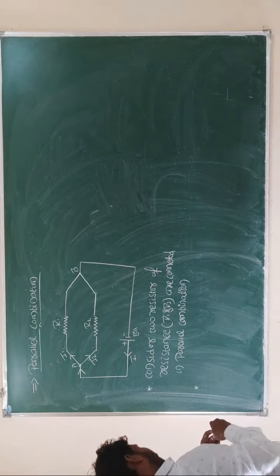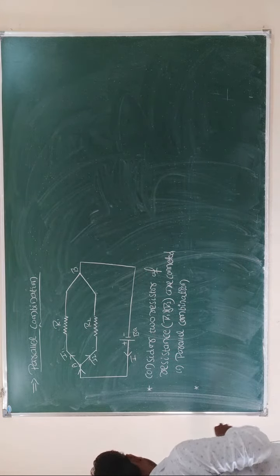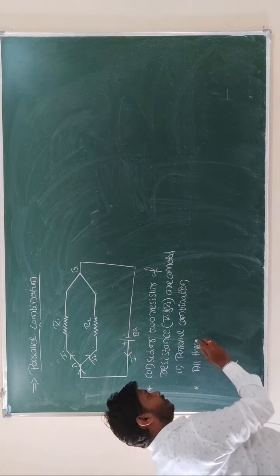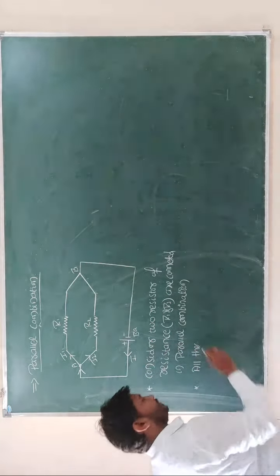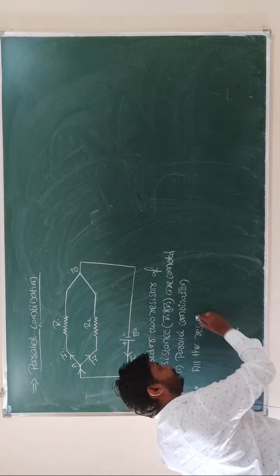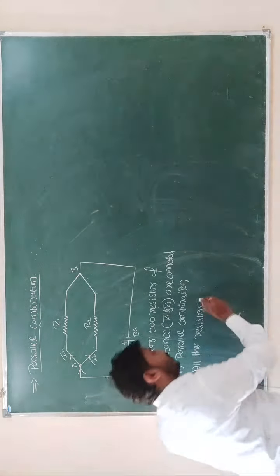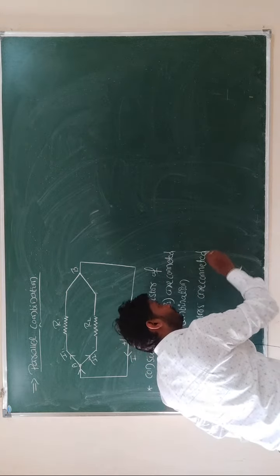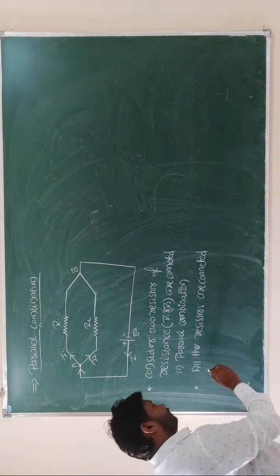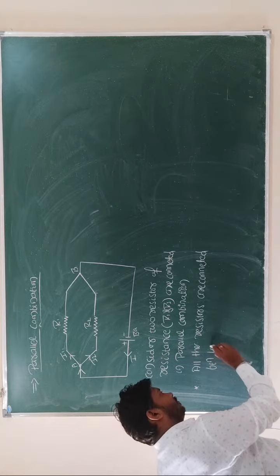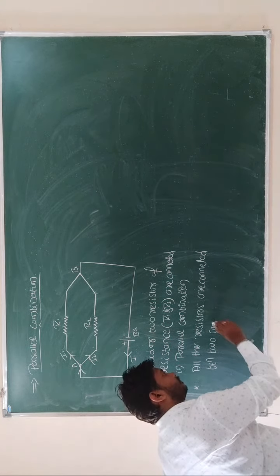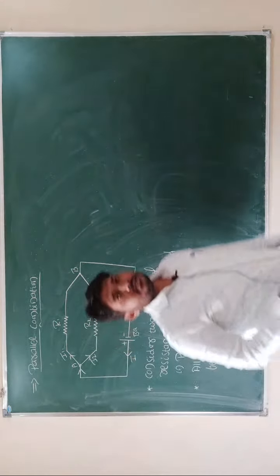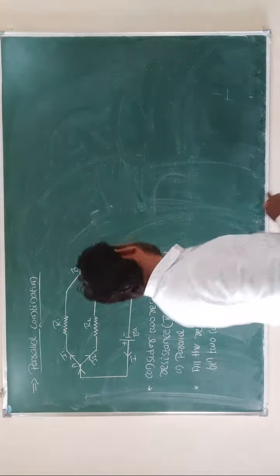So what do you mean by parallel connection here? All the circuit elements, or simply all the resistors, are connected between two common points. Two common points is known as parallel combination, right?